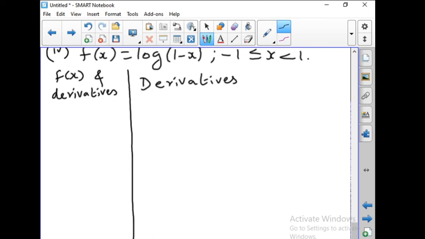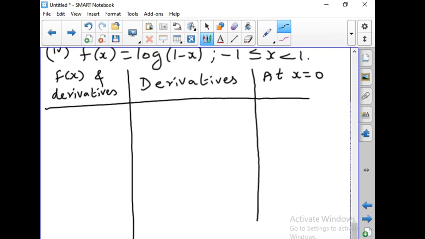And the third column is at x is equal to 0, that is f of 0, f dash of 0 and so on. So we will substitute x is equal to 0.